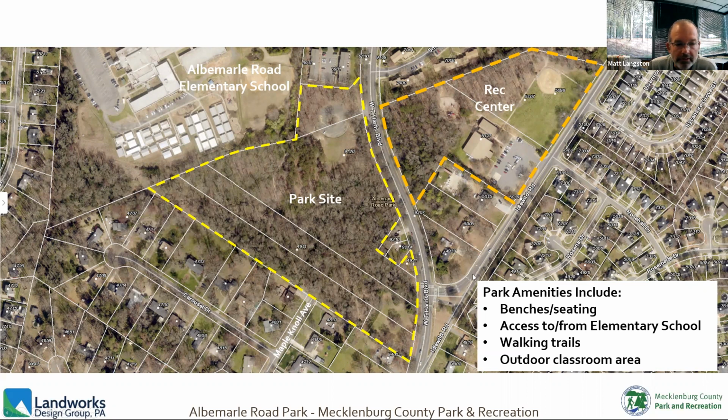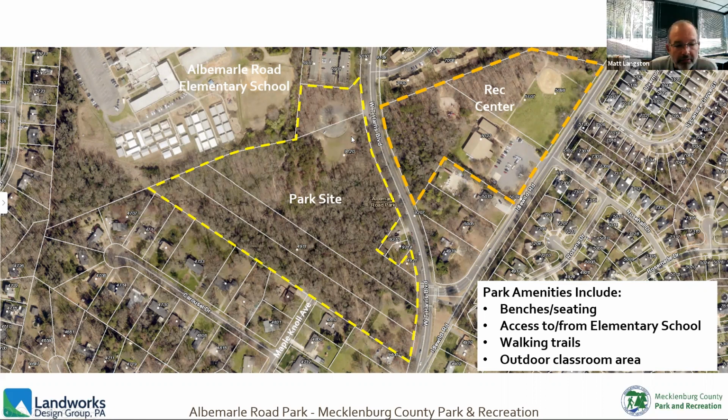Idlewild Road North ties in here to signalize the intersection. Albemarle Road Elementary School is here, and they've got a drive access off to the west. And then the neighborhood down here, Maple Knoll Avenue, has a stub connection to the park property right here at the southwest. The existing facilities at the park include this circular parking area.